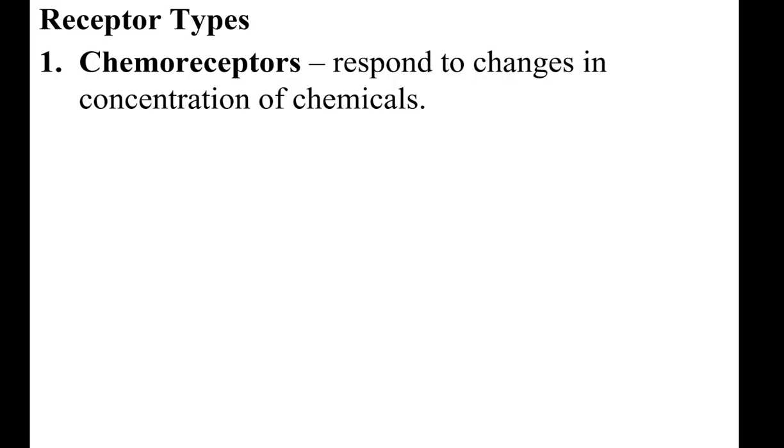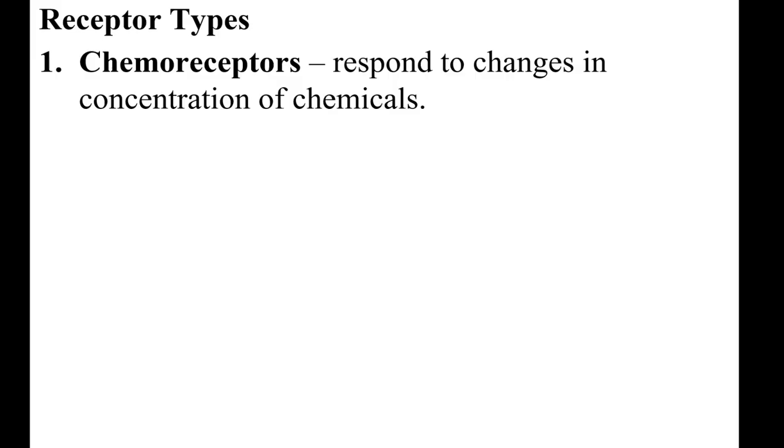So with this, we're going to have different receptor types. And the 5 types of sensory receptors are going to be recognized based on the specific stimuli that they're going to come in contact with. So first, starting out, we're going to have the chemoreceptors. The chemoreceptors are going to respond to changes in concentration of chemicals.